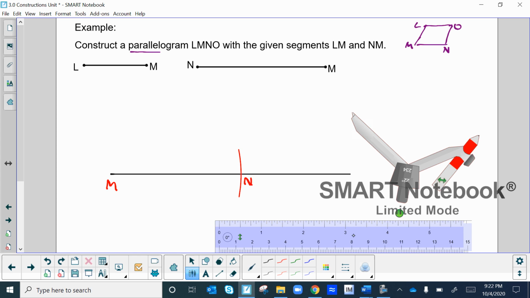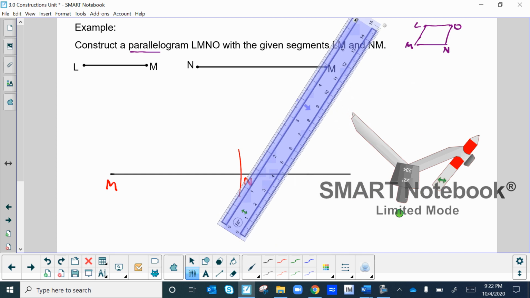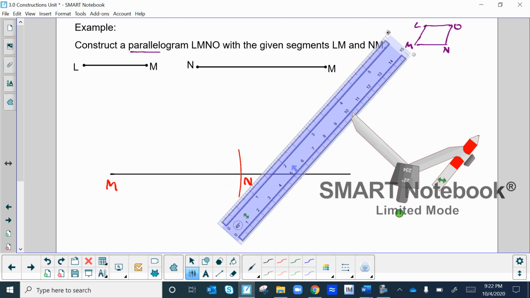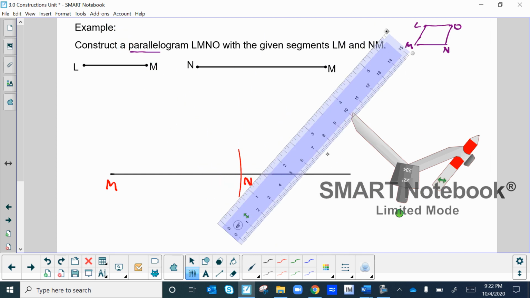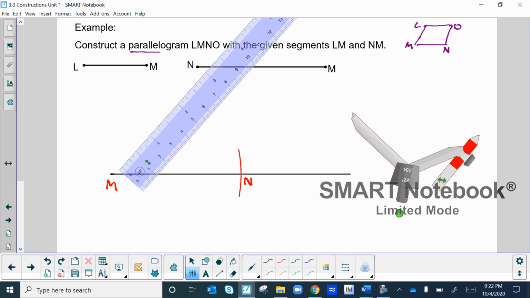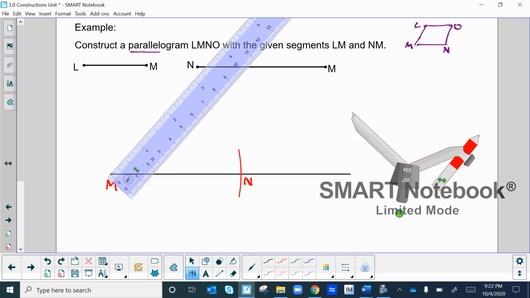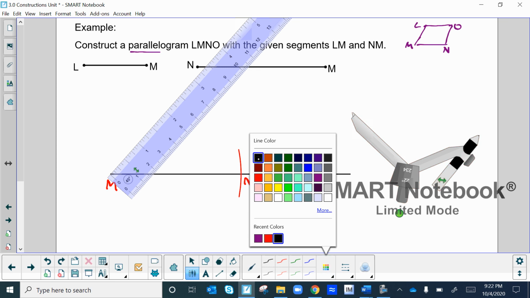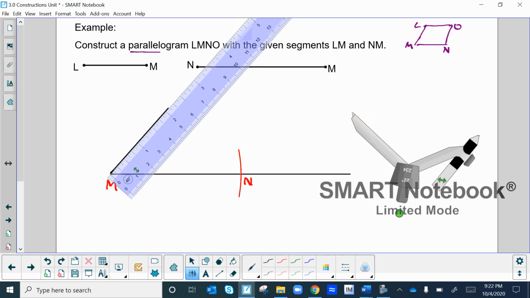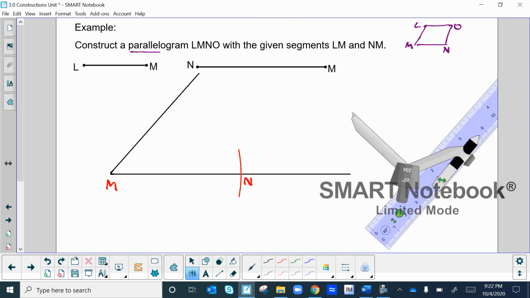Okay, now we're going to make LM. Okay, and remember LM I have in my plan to look something like that. So I'm going to get my ruler. Let me stick to my same color. And you're going to make another long line, like so.